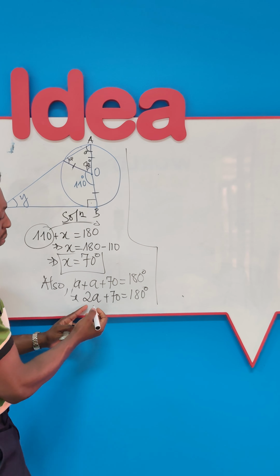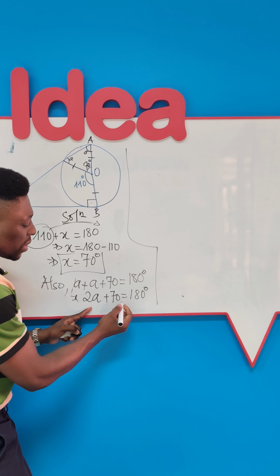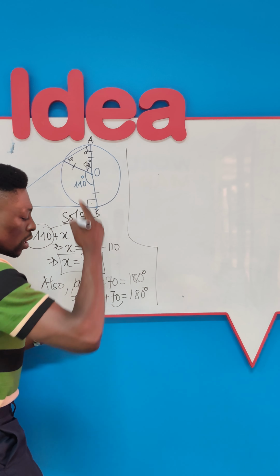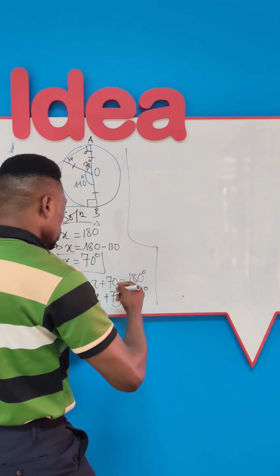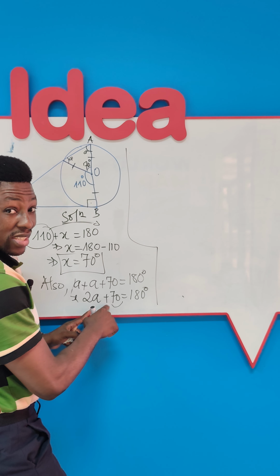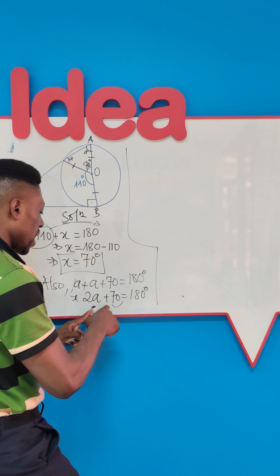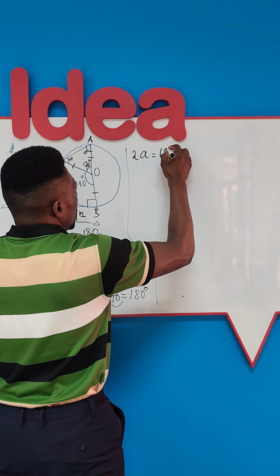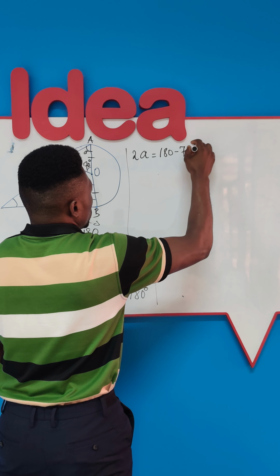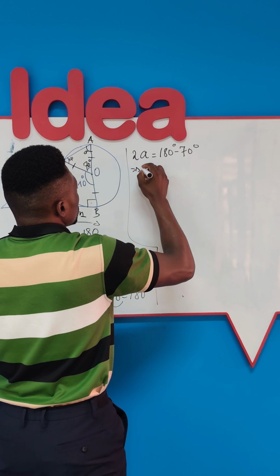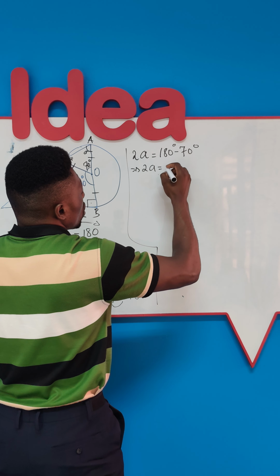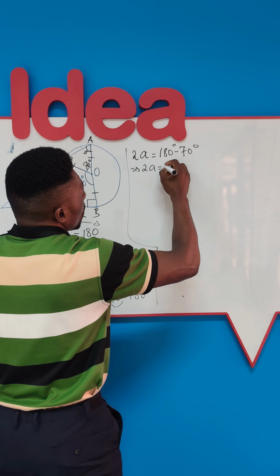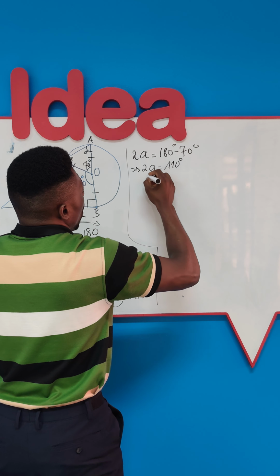Now, what do I do here to make A the subject? I simply send whatever doesn't have A to the other side of the equality sign. And be careful when it crosses, it becomes negative, all right? So to the left, I'll have 2A, which is equal to 180 minus 70 degrees, okay? This means 2A is equal to 110 again, all right?